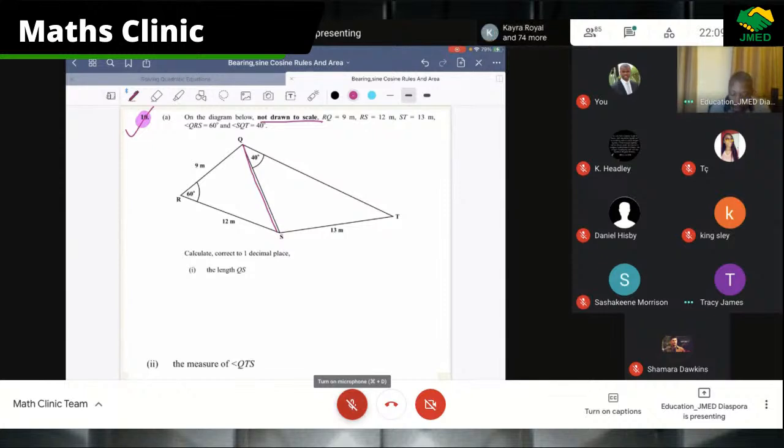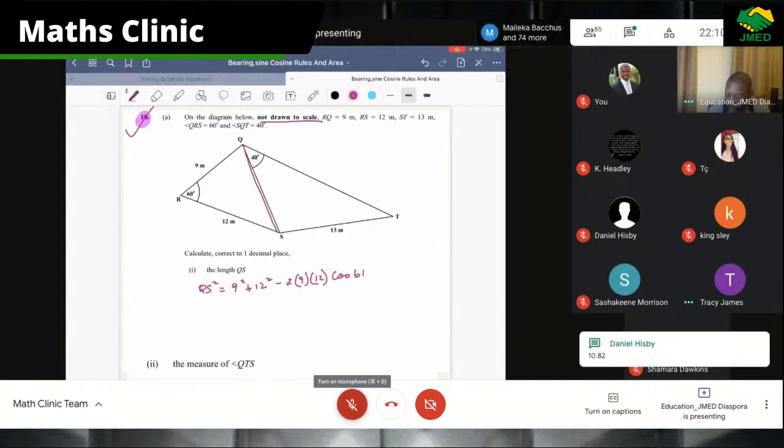So since there are no pairs, we can say QS squared is equal to 9 squared plus 12 squared, minus 2 times 9 times 12 cos 60 degrees.